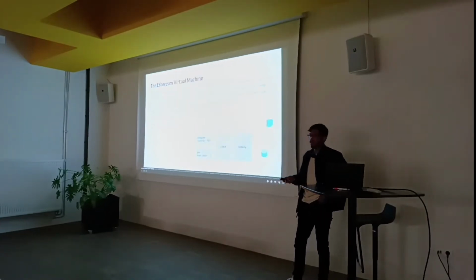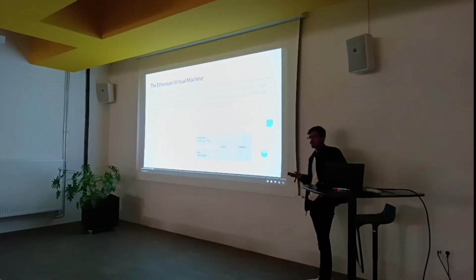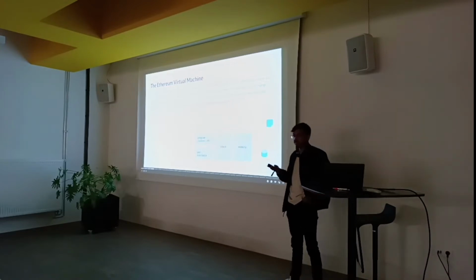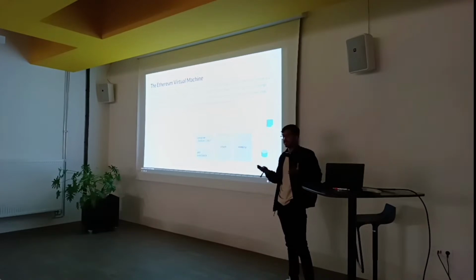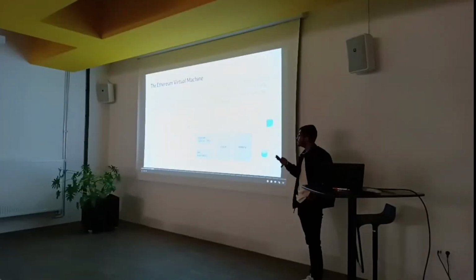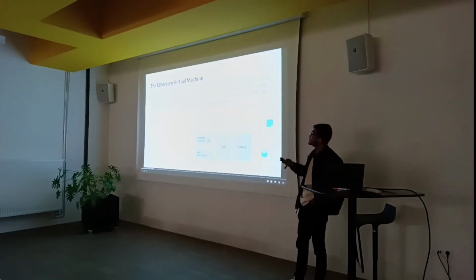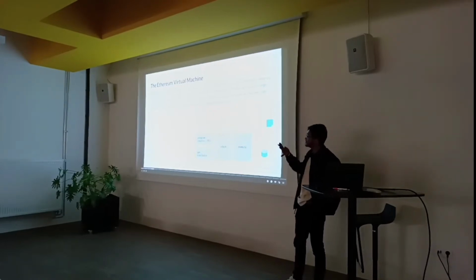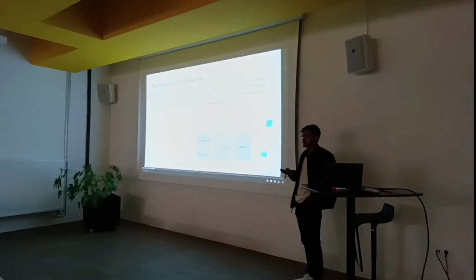So with that, let's talk about the Ethereum Virtual Machine. If you look at the overview, or if you have a very basic understanding of what the EVM is, it's a giant global distributed state machine. We will come to the state machine part later. We think of it as there being a world state, which is a large data structure that stores all the accounts, the balances, the nonces, and the code at a particular address.